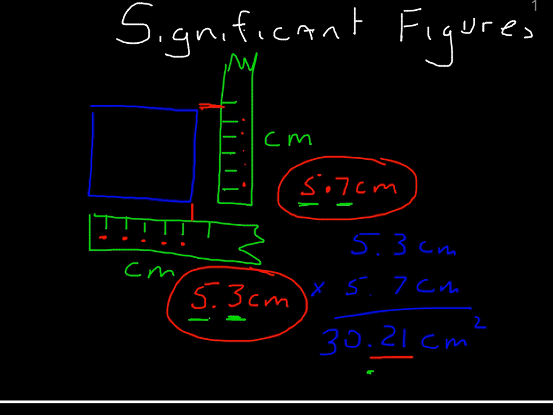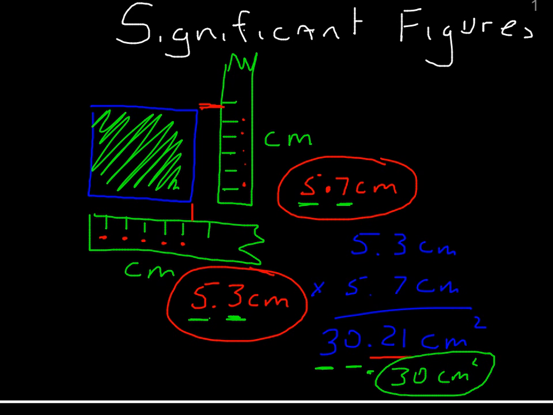Starting at the very first digit, the 3 is significant, the 0 is significant, so I round this number back to 30 centimeters squared, and that is the proper answer. Because that number, 30, represents the surface area of this square using rulers with 1 centimeter calibration marks, and it doesn't imply any greater precision than I had originally.